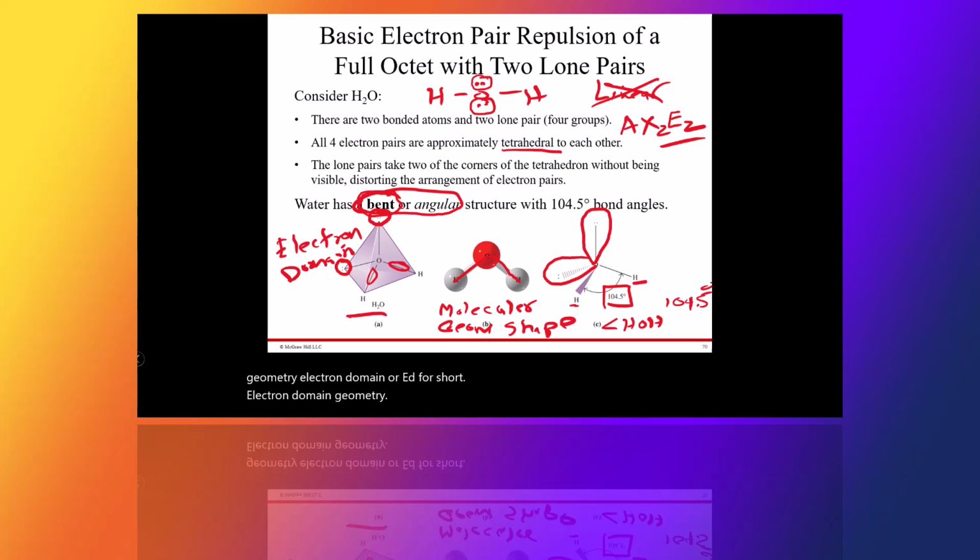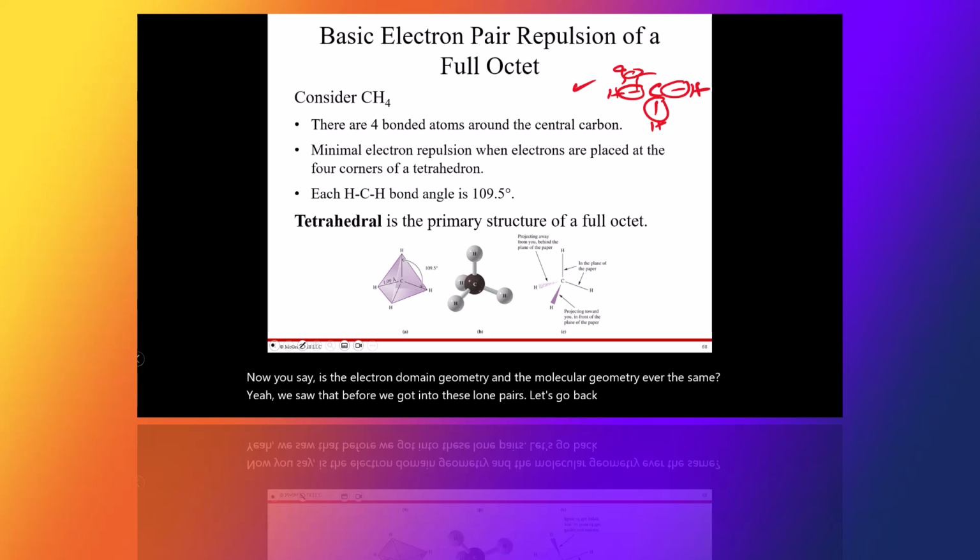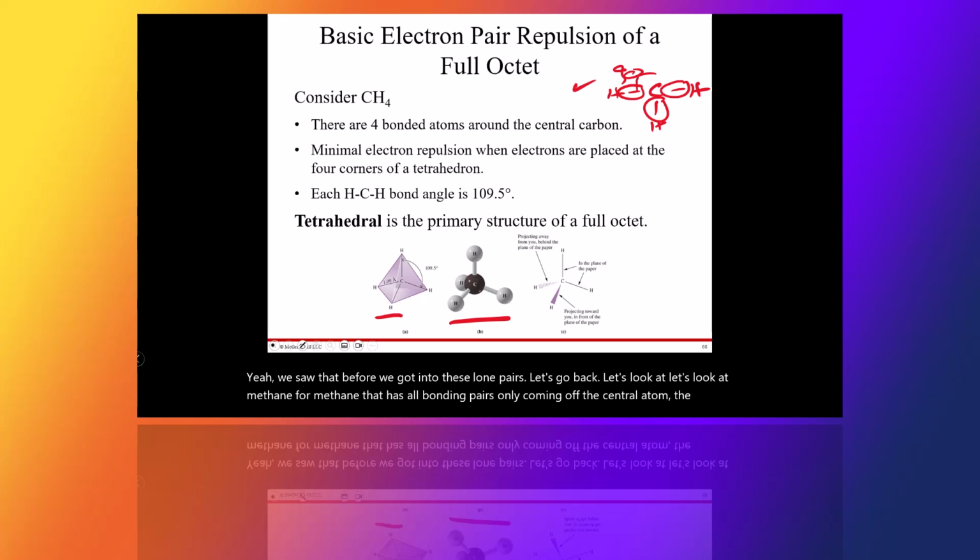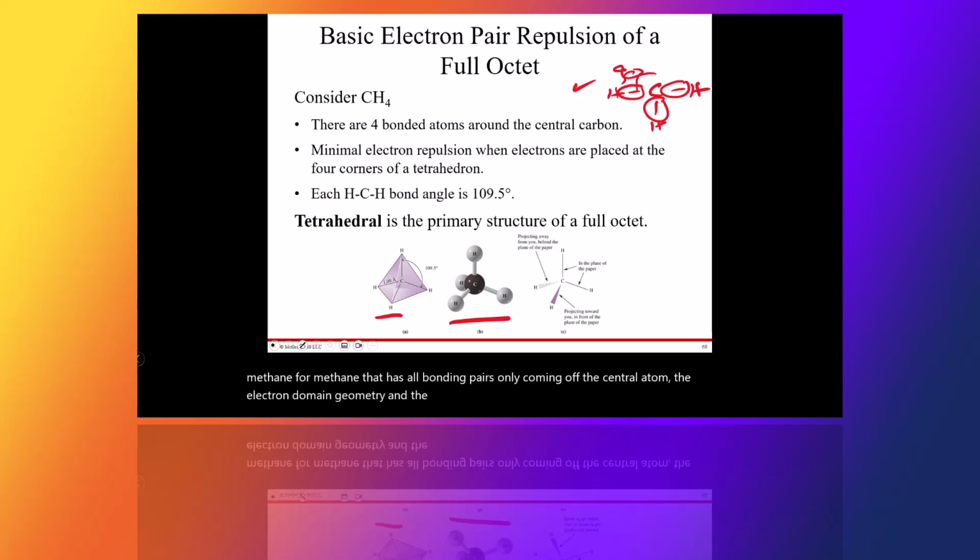Now, you say, is the electron domain geometry and the molecular geometry ever the same? Yeah, we saw that before we got into these lone pairs. Let's look at methane. For methane, which has all bonding pairs only coming off the central atom, the electron domain geometry and the molecular geometry are tetrahedral. So if nothing but bonding pairs come off the central atom, then the electron domain geometry and the molecular geometry are the same.